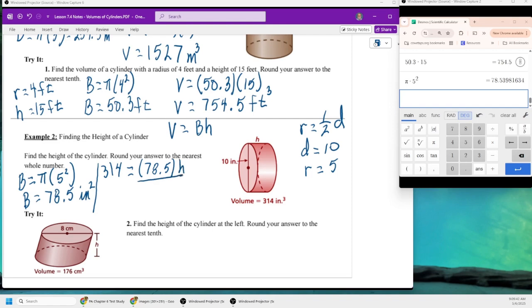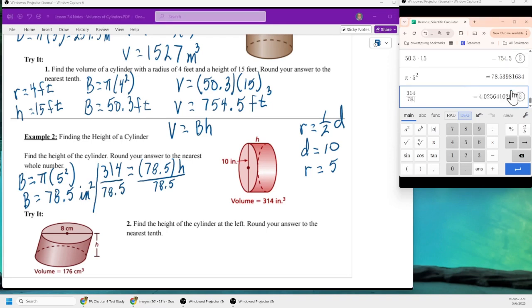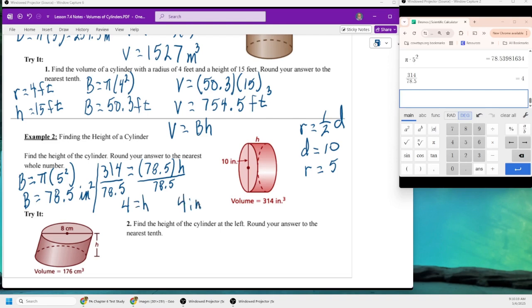So we'll divide by the 78.5. So let's come over here and we'll go 314 divided by 78.5. And lo and behold, that gives you exactly 4. So the height of that shape is 4 inches. That's what we're looking for, 4 inches.